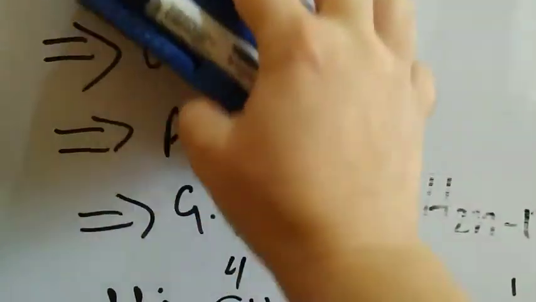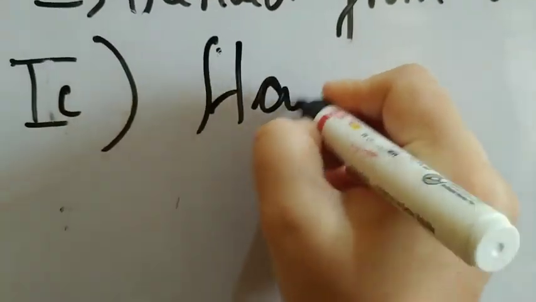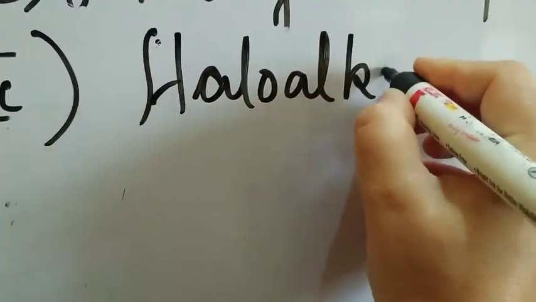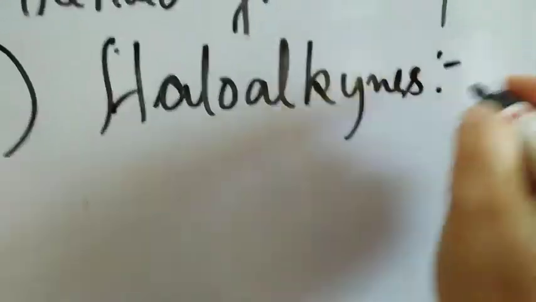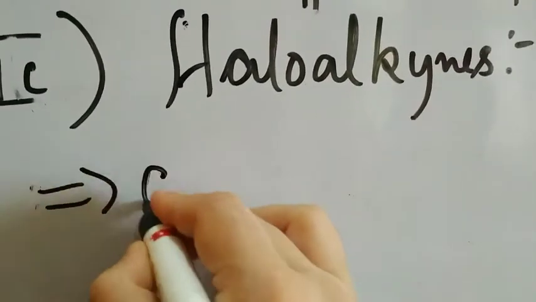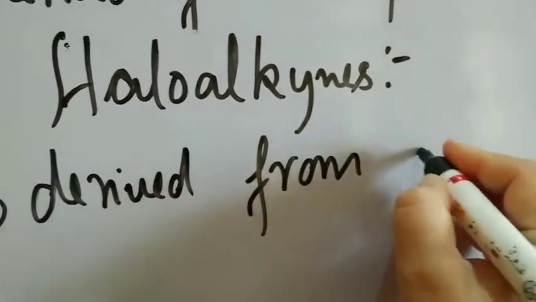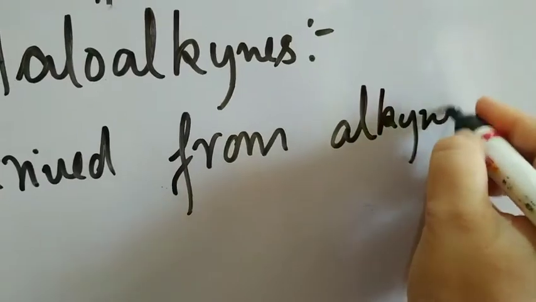Now the third one would be 1C, and our 1C is haloalkynes, right? Again, you have the name in front of you. You can very easily write down that this class of organic compounds is derived from alkynes. What is an alkyne?